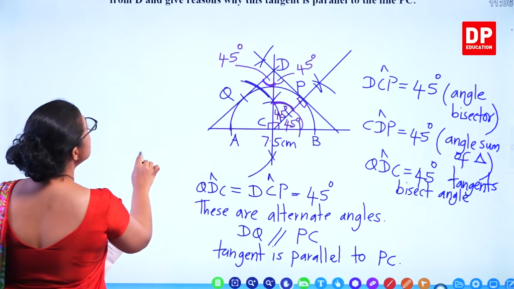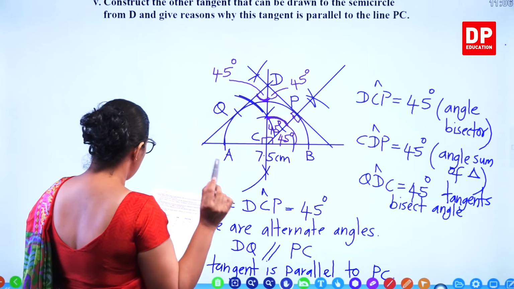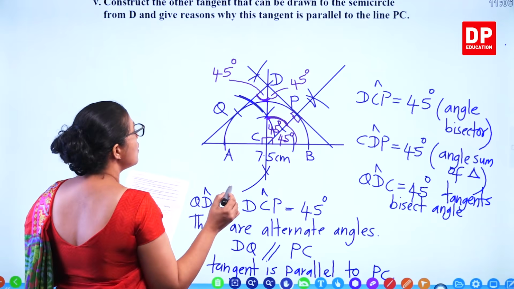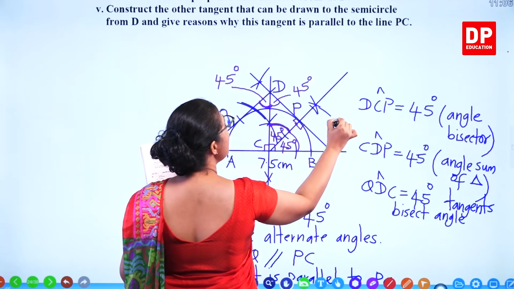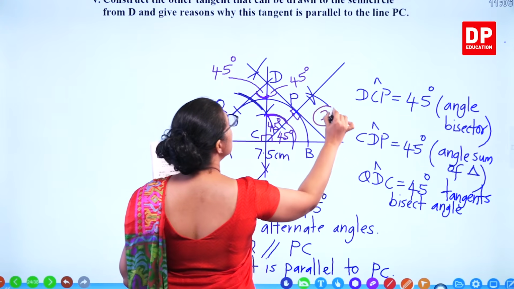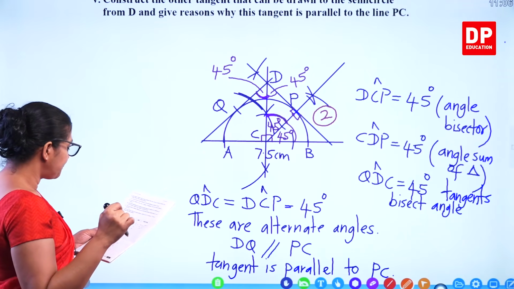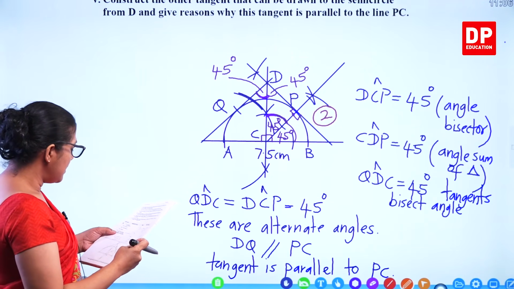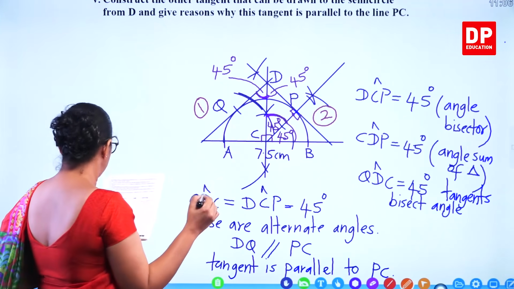So you get the tangent line 2 marks because you have to draw a perpendicular line and mark this one. So you get 2 points there. And the other tangent 1 mark.